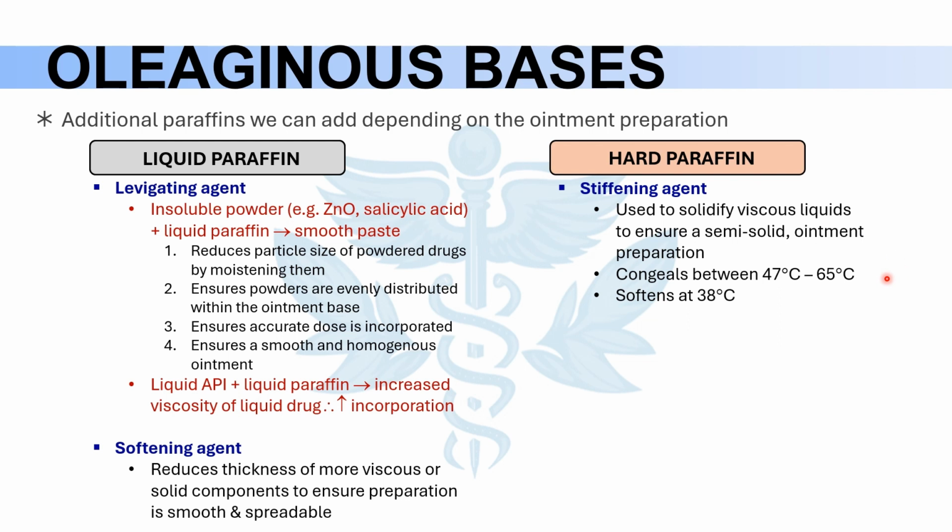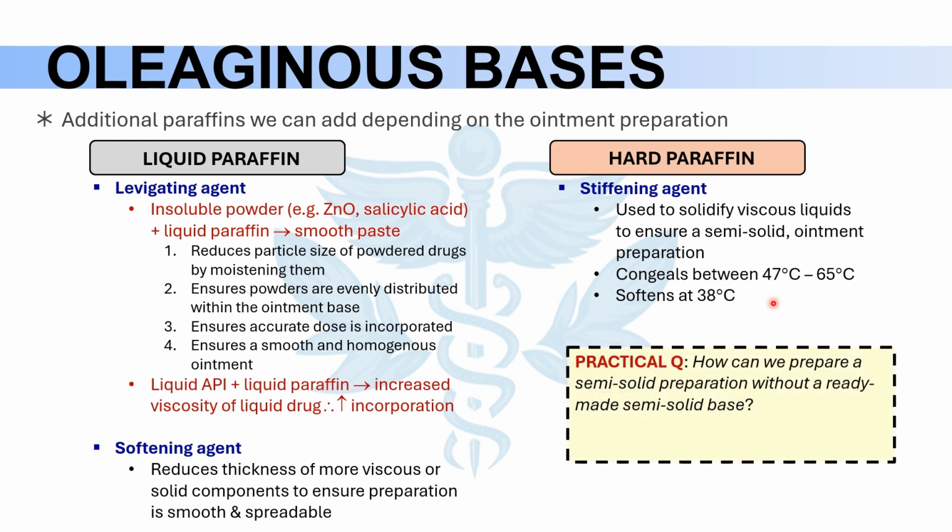Congeal means that we change the consistency of the preparation from fluid to solid, as the aim is to solidify the viscous liquid to a degree sufficient enough to obtain a semi-solid consistency, and it softens at 38 degrees Celsius. Last point I want to mention here.